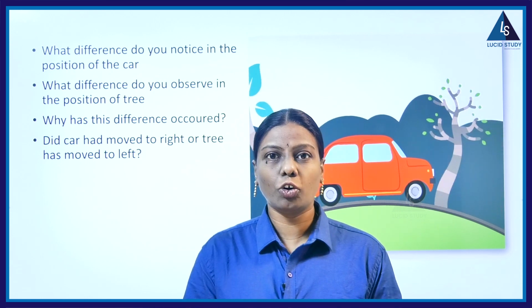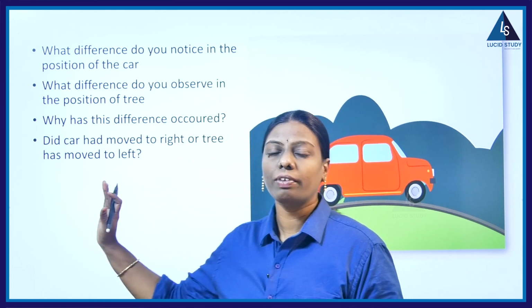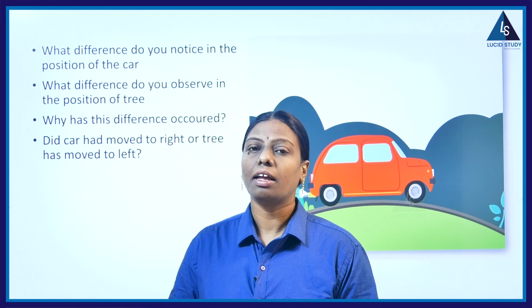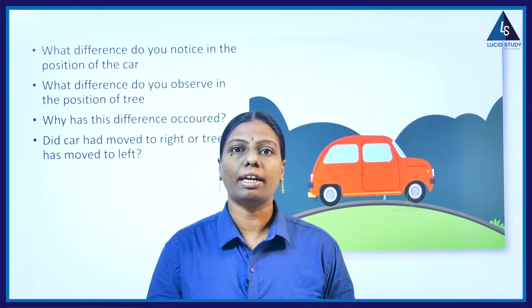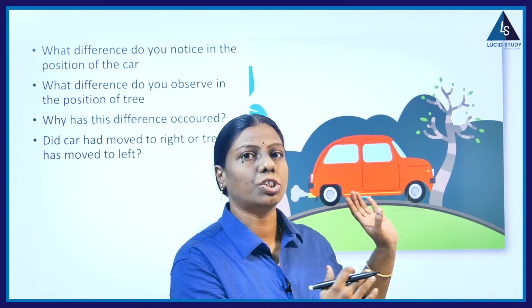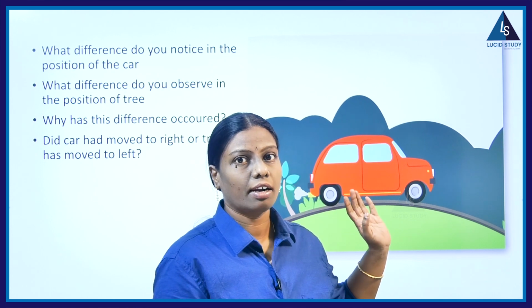Both are true in that case. The car is moving to the right, whereas the tree is moving to the left. Both the statements are correct. But here, with respect to the surroundings, the car is in motion, and with respect to the surroundings, the tree is at rest.